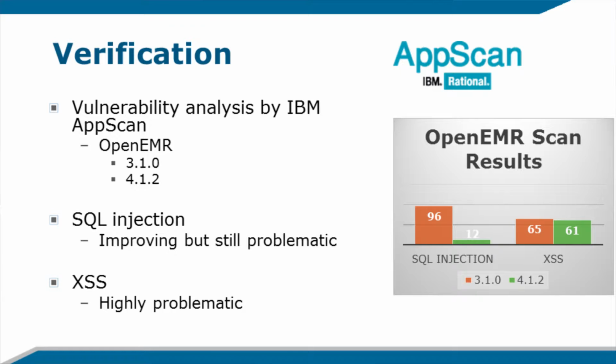And as you can see, it started with 96 SQL injection vulnerabilities, and then ended up in the later version with 12 SQL injection vulnerabilities. And this is purely due to the heroic efforts by the software developers, not really done by the guidance of the architect. But again, it's an ad hoc type of approach. So that's why they couldn't really completely eliminate all the SQL injection vulnerabilities.